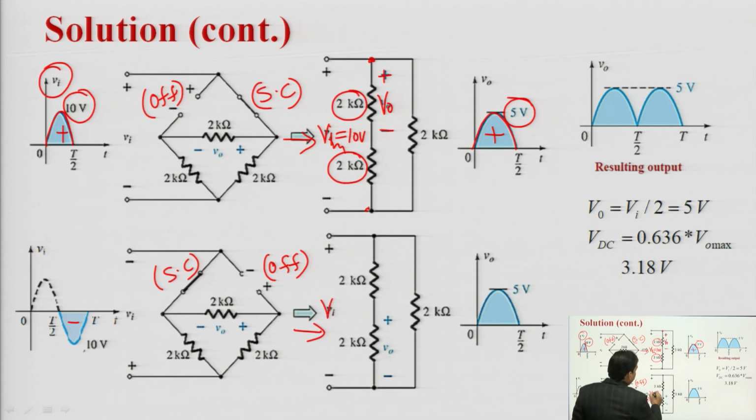This is Vi, and Vi was 10 volt, because we are just talking about the magnitude here. The voltage across the 2 kilo ohm resistance will again be the same, because both resistances are placed in series. The same 5 volt will be developed across this resistance.